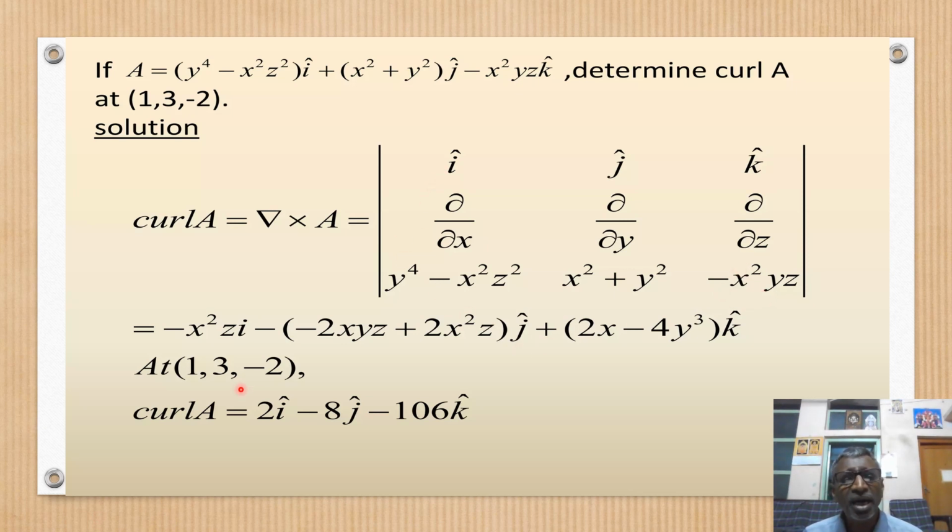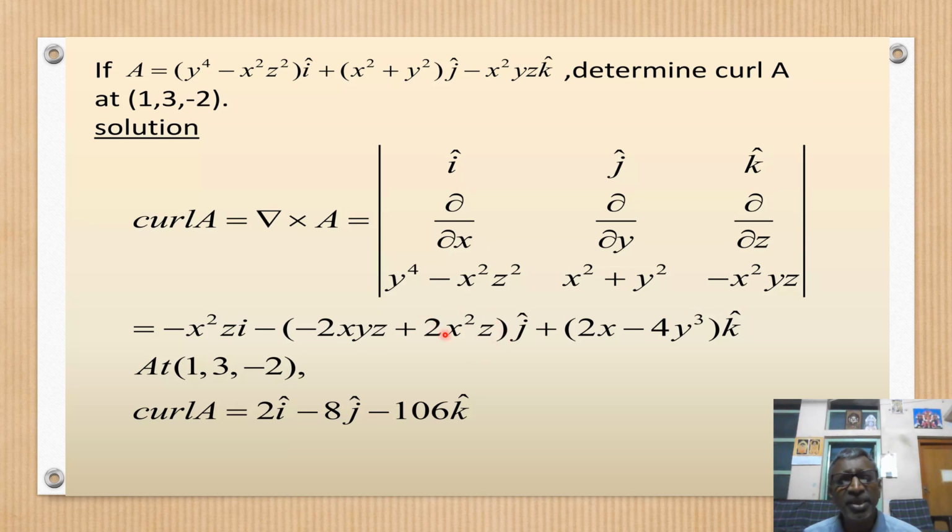Now you write i into dou by dou y of this minus x square yz, minus dou by dou z of x square plus y square. So that is the first one. Next, minus j into dou by dou x of minus x square yz, minus dou by dou z of y power 4 minus x square z square.